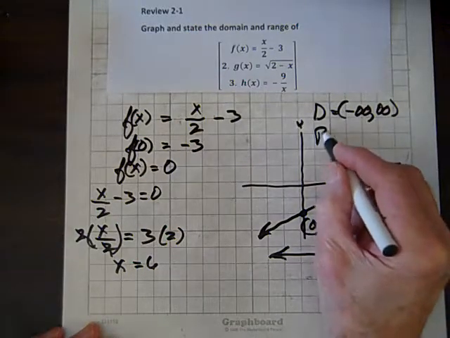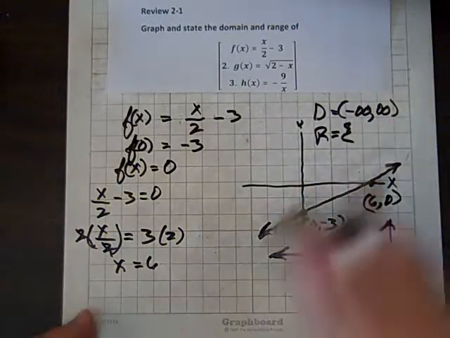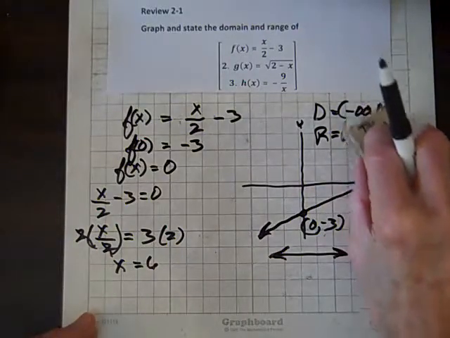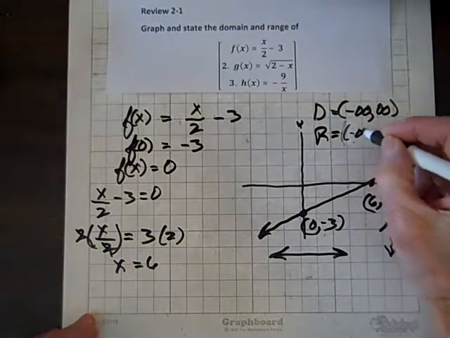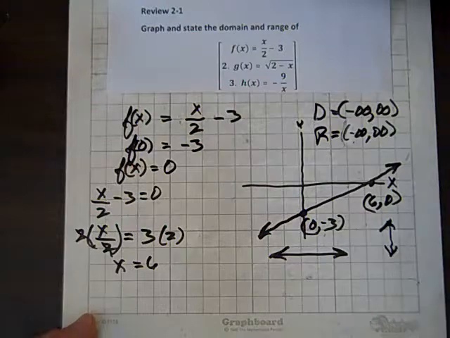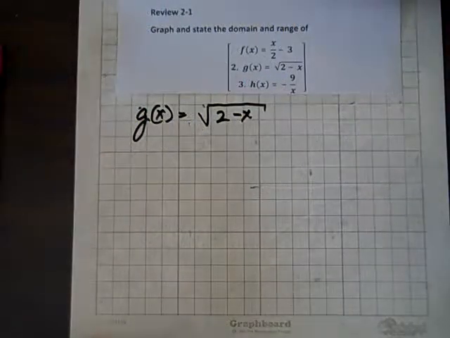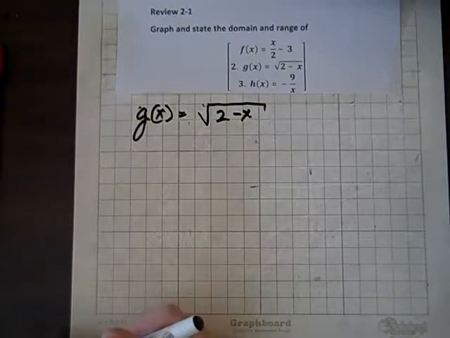So then the range is going to also be negative infinity to infinity. And we're done.